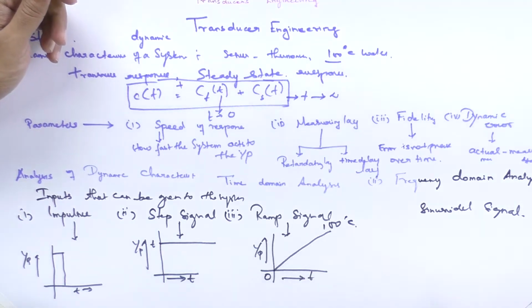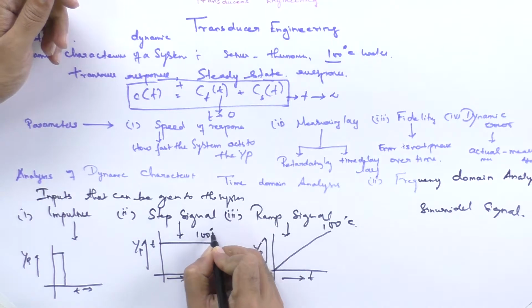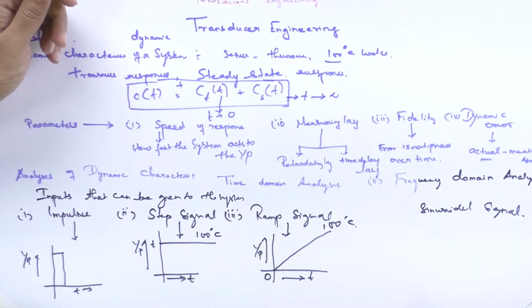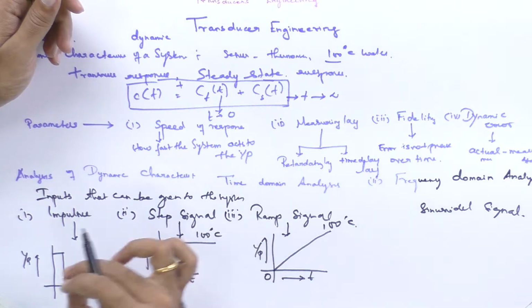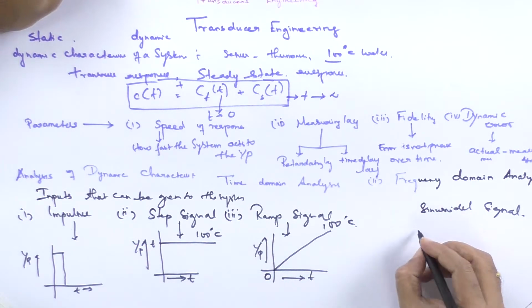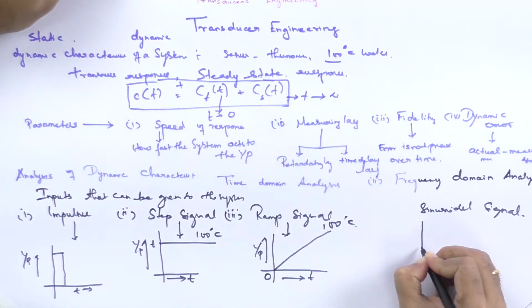Here it will be a ramp and linear in nature. And here you directly drop the thermometer inside a boiling heater, and here it is an impulse where you just dip and then take out. Here it is an impulse signal and here it is a sinusoidal signal.